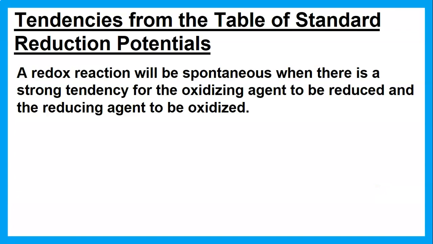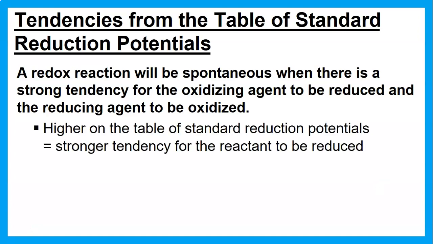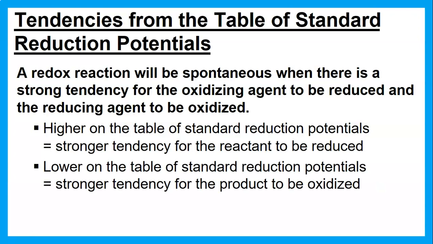So our reaction is going to be spontaneous when there's a strong tendency for the things to be reduced and things to be oxidized, right? The higher you go on that table, the more likely things are to be reduced, and the lower you go, the more likely things are to be oxidized.